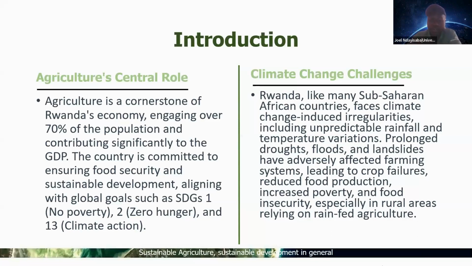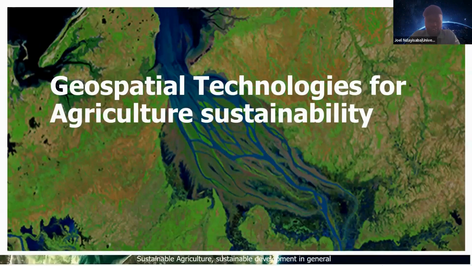Those rural areas rely on rain-fed agriculture, and there is no other kind of job that helps them to survive. So in our study today, we are going to use geospatial technologies for agriculture sustainability.